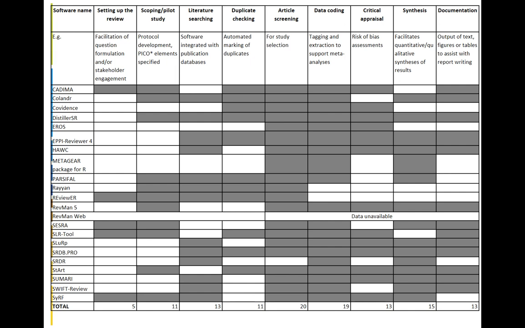And as I guess almost every review has different demands, and the review team has different requests, it's up to the review team to check which of the tools is the most appropriate to support the evidence synthesis activities for their respective questions.